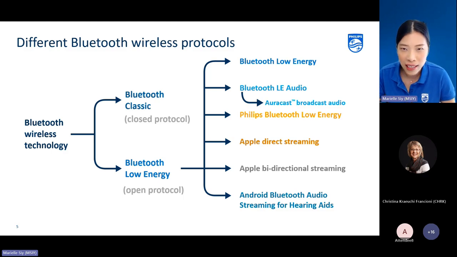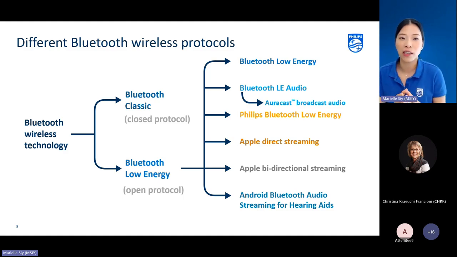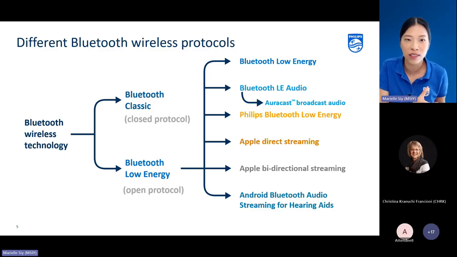Bluetooth Classic is a closed protocol that cannot be modified, and Bluetooth Low Energy is an open protocol, which means that any manufacturers of Bluetooth devices have the option to make changes or modifications to this protocol specific to the requirements of their own devices. In total, we have 6 different Bluetooth Low Energy protocols used across Philips hearing aids and connectivity accessories, all with their own function.